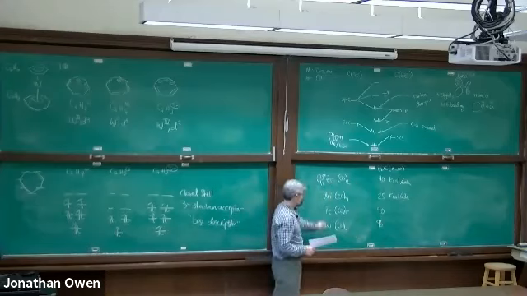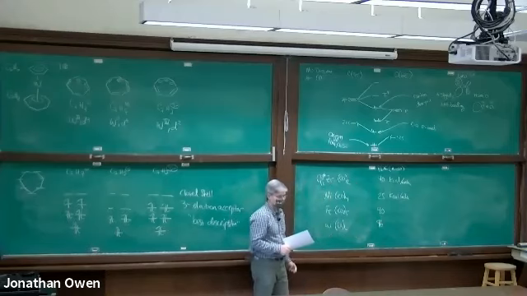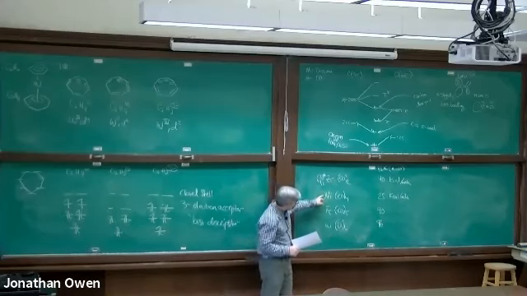So what's the trend here? The weakest is nickel, weaker than iron, right? Why is that?